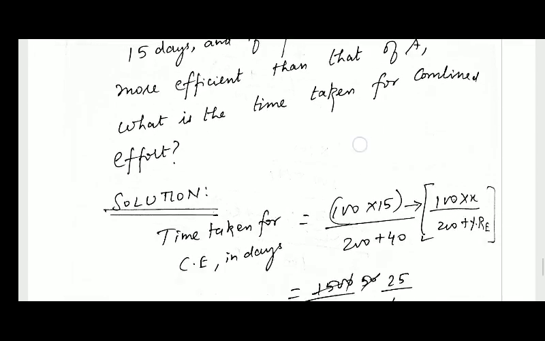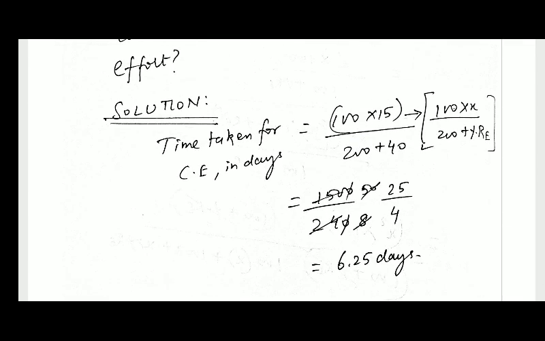Applying this formula outright, 100 into 15 by (200 plus 40). So 15 is the number of days taken by A, and 40 is the percentage rise in efficiency of B with respect to A. So cumulatively they will take 6.25 days.